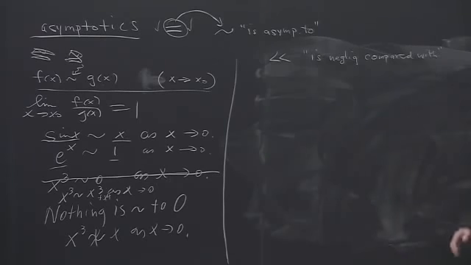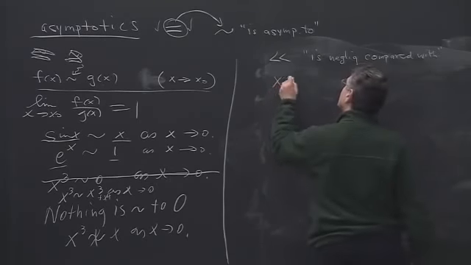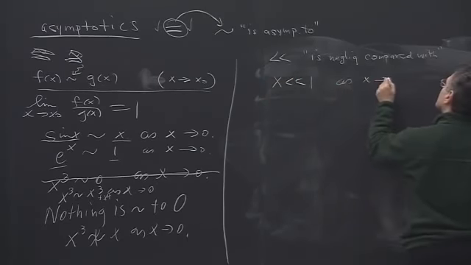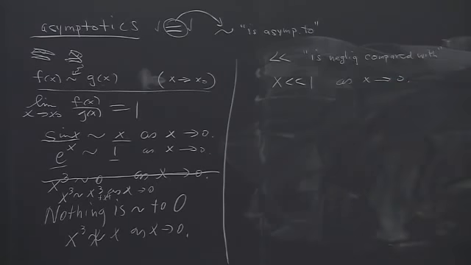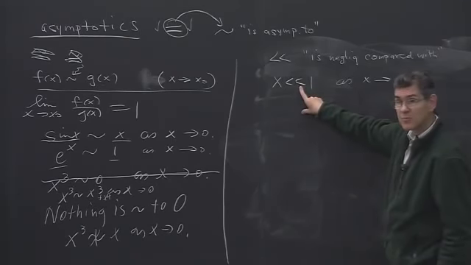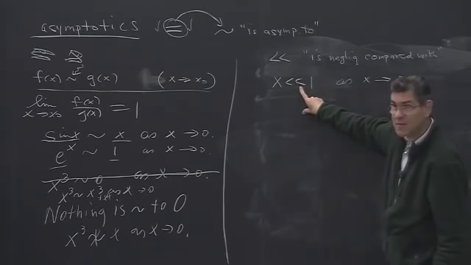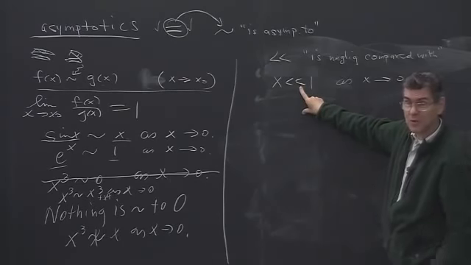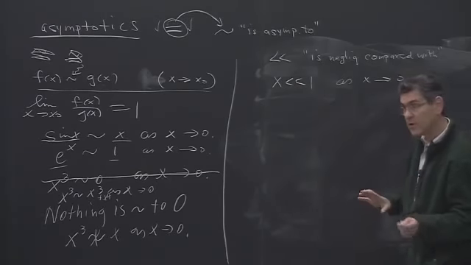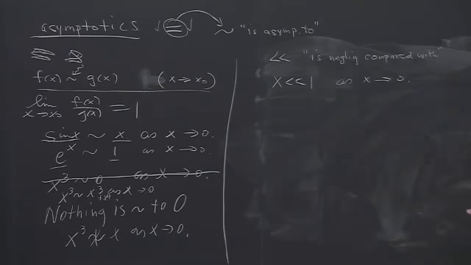Okay, so for example, x is negligible compared with 1 as x goes to 0. Okay, don't make a mistake, by the way. This doesn't mean less than, and it doesn't mean much less than. It doesn't mean that. Okay, because less than is an ordering relation. You know, positive, negative, you know, -1 is less than +1.